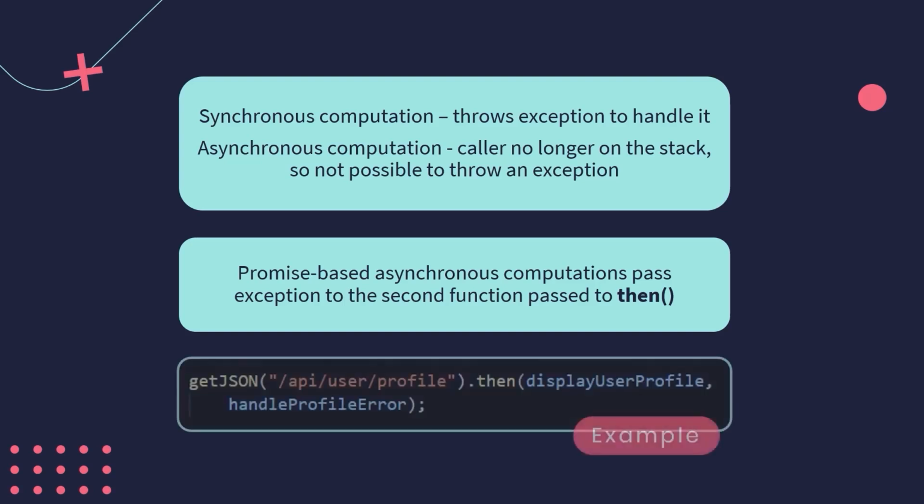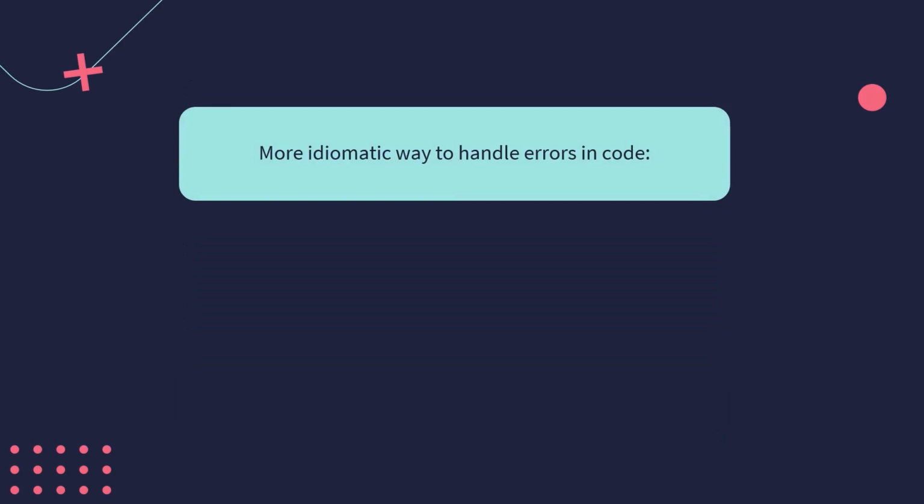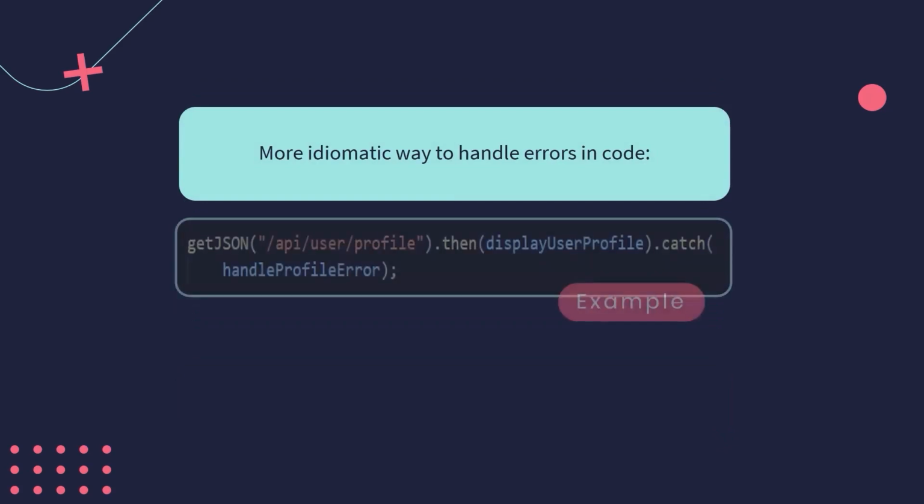So in this previous code example, if getJSON runs normally, it passes its result to displayUserProfile. If there is an error, the user is not logged in, the server is down, the user's internet connection has been dropped, the request has timed out, etc., then getJSON passes an error object to handleProfileError. Now, the most idiomatic way to handle errors in this code looks like this.